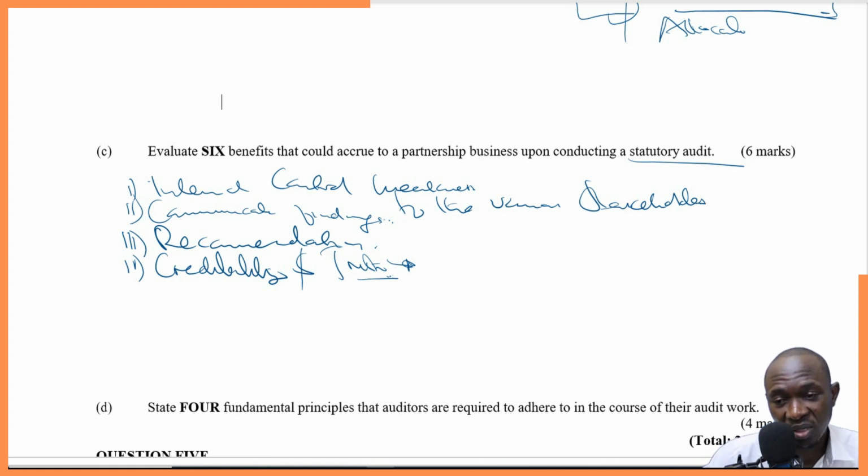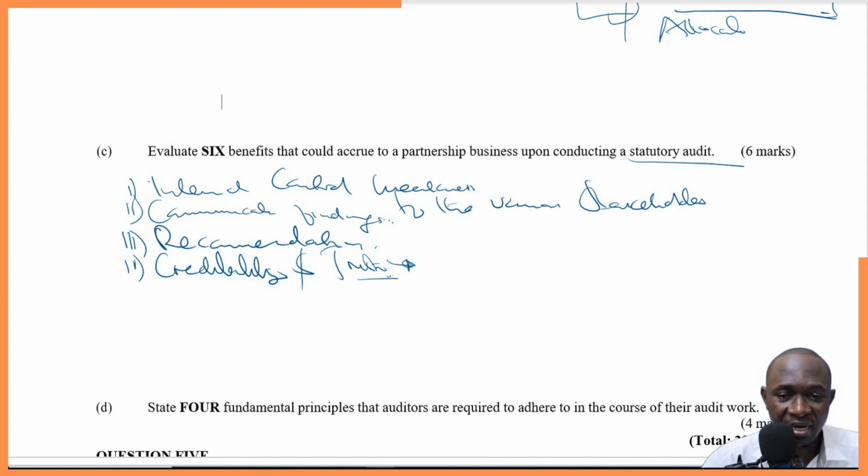It's actually supposed to be done by an external auditor. So if it's conducted by an external auditor and they find that everything is running smoothly, there are no cases of fraud, there are no cases of misappropriation, that increases their credibility and trust among themselves, and that gives the partnership a lifeline.